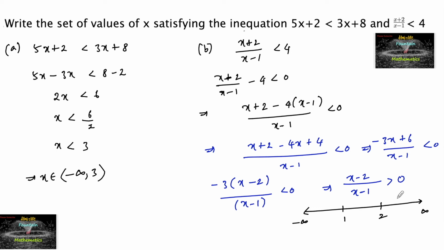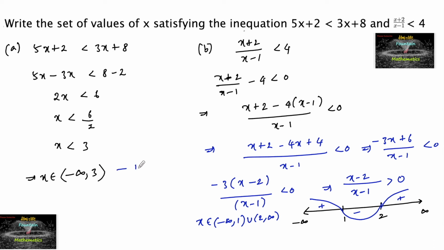So we can start taking the curve from the right side of 2, positive to negative, at x is equal to 2, and at x is equal to 1 again negative to positive because odd powers. So the solution for positive can be taken minus infinity to 1 union 2 to infinity.